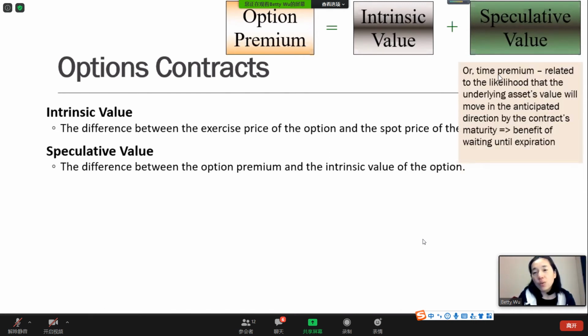This is what we call time premium, related to the likelihood an underlying asset's value will move in the anticipated direction by the contract's maturity. And it really represents the benefit of waiting until expiration. Again, if you don't wait and exercise it right now, this is the value you get. So by waiting, you are getting this premium related to time.